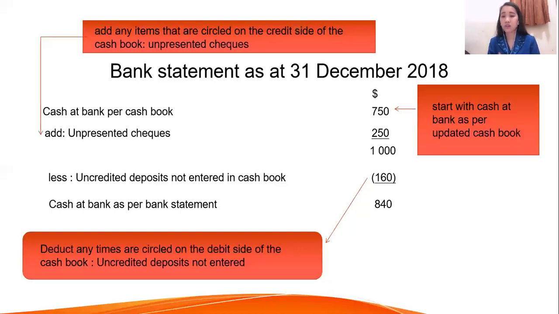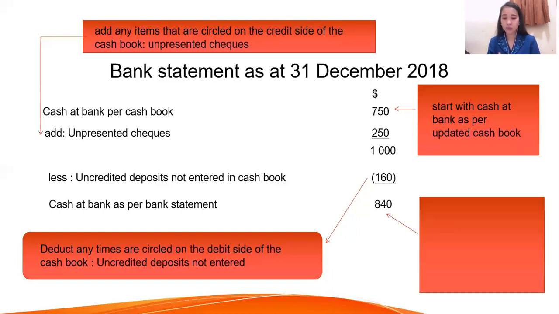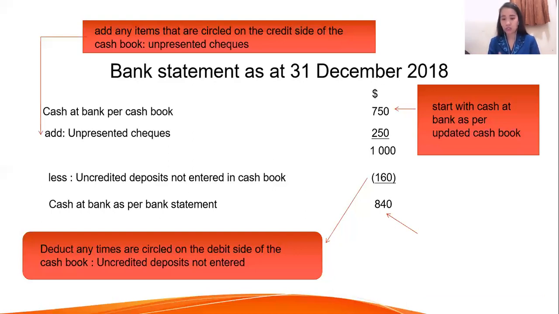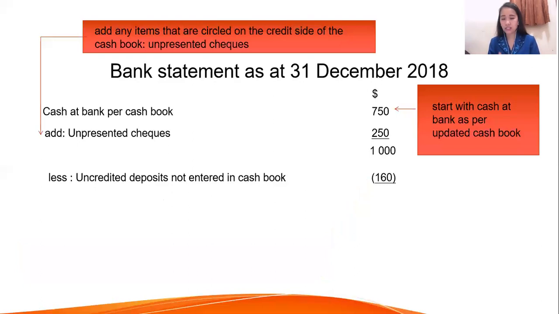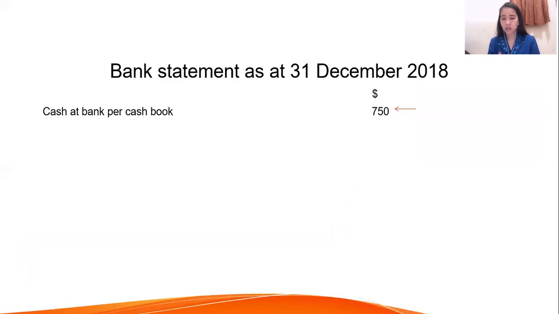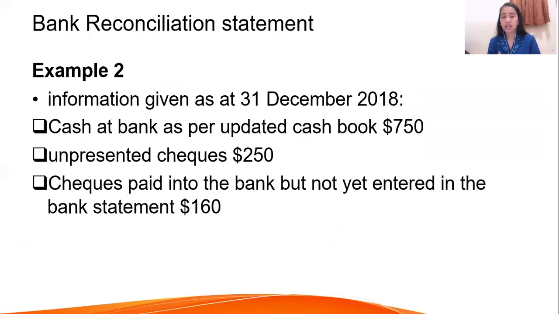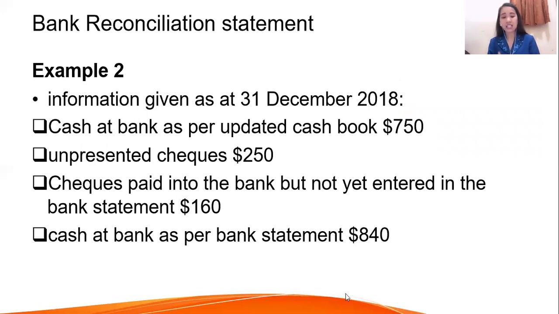So at the end, it's 840. Sorry, so cash at bank as per bank statement is 840. This balance should agree with the balance on the bank statement. If we look at the previous one, how much is our bank statement? Yes, it is the same, 840.